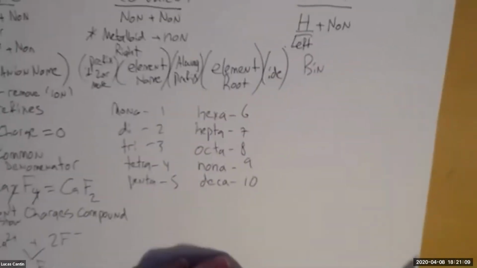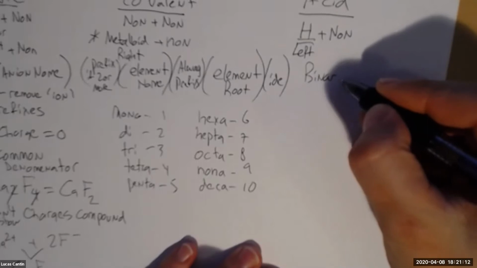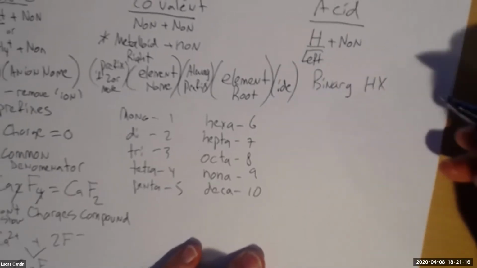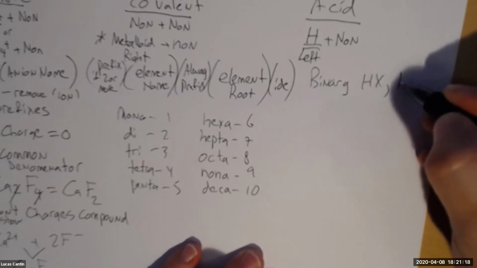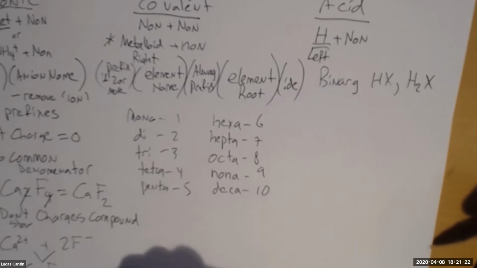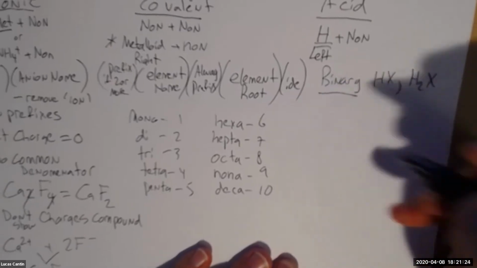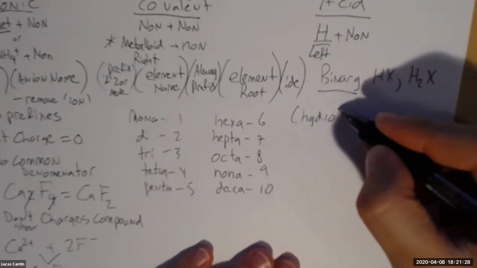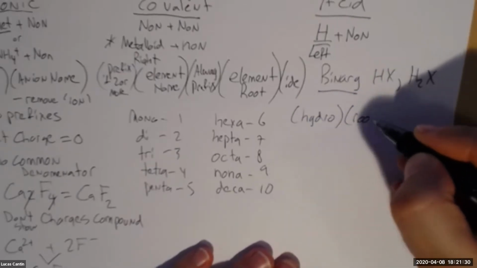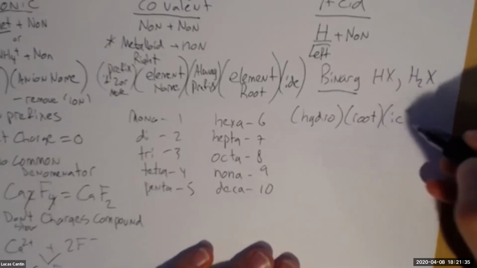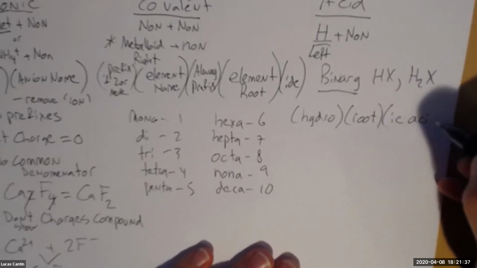There's more space here. There's binary, which has the formula HX or perhaps H2X. And so binary are always hydro. You always start them with hydro, and then the root of the other element, and then you always say ic acid.